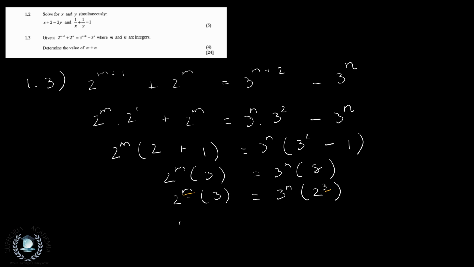So that means m is equal to 3 and n is equal to 1. Now we were told to find m plus n, and that will give us 3 plus 1, that is 4.